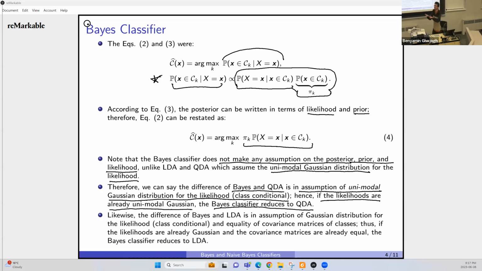Likewise, the difference of Bayes and LDA is an assumption of Gaussian distribution for likelihood and equality of covariance matrices of classes. Therefore, if the likelihoods are unimodal Gaussian and the covariances of the classes are the same, then the Bayes classifier reduces to LDA.